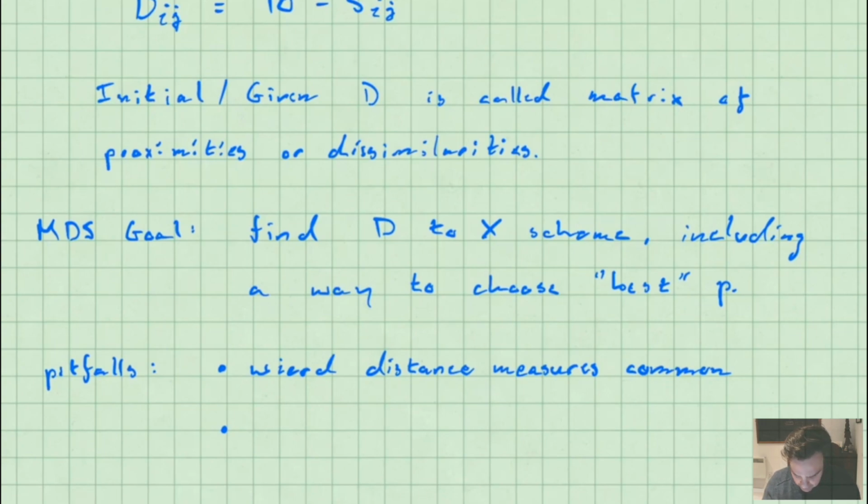Another thing is that errors, or a measure of success, can also be weird and hard to understand.